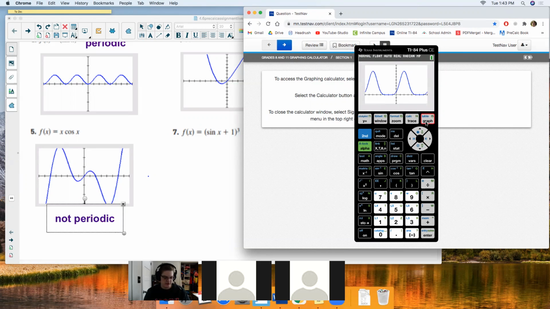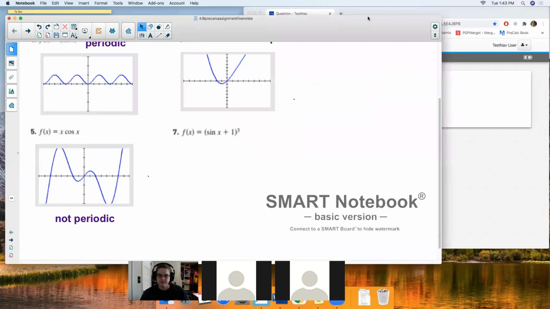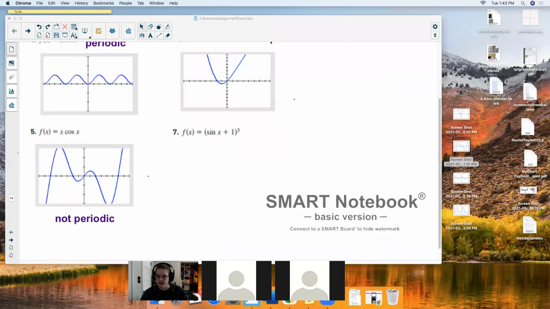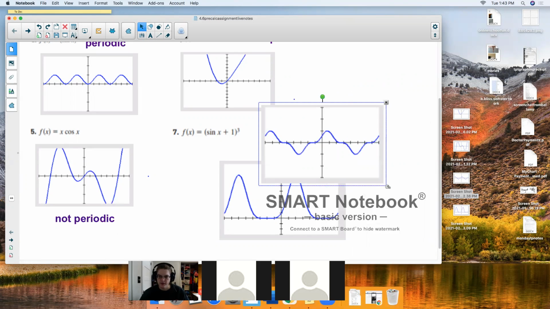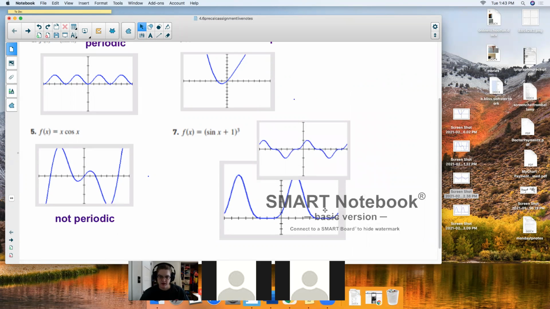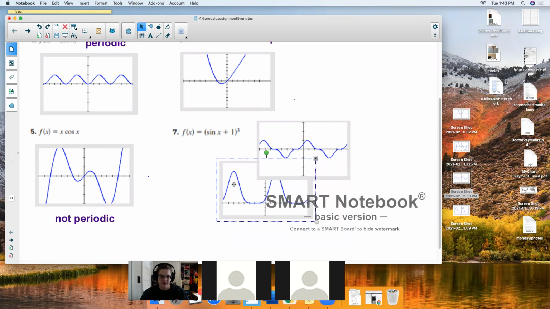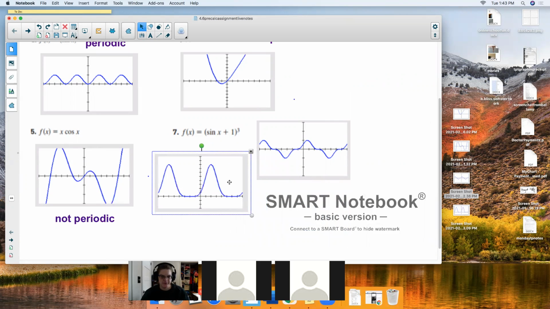Whoa, that is a freaky bow that it's got in there. So it turns out that both of those work. So we'll put them both in there, and we might end up typing why we had an issue.